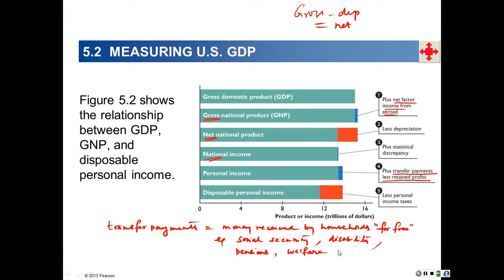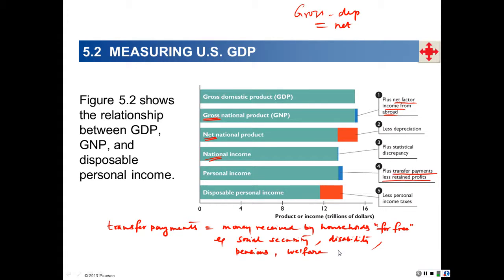Let's think about that for a second. Would a Social Security payment, even though it is money coming into the pockets of households, be part of GDP by the income approach? The answer is no, because you have to ask the question, does some production lie behind that payment? Now, in the case of a Social Security payment, there is no production that lies behind it.